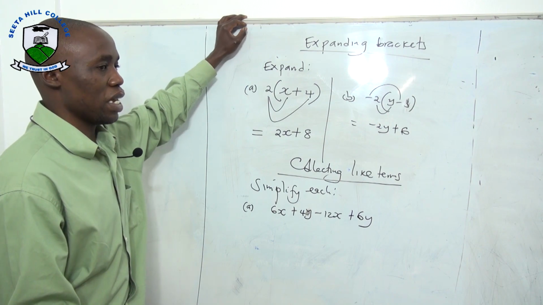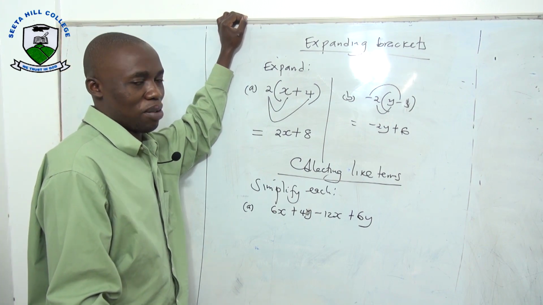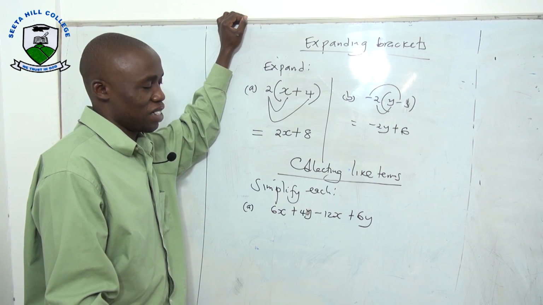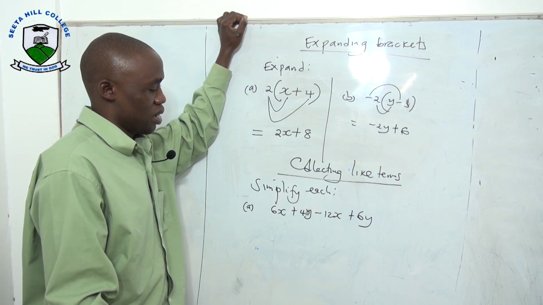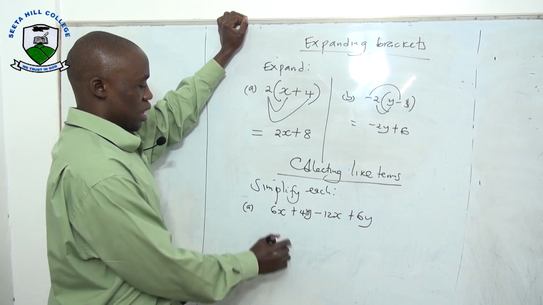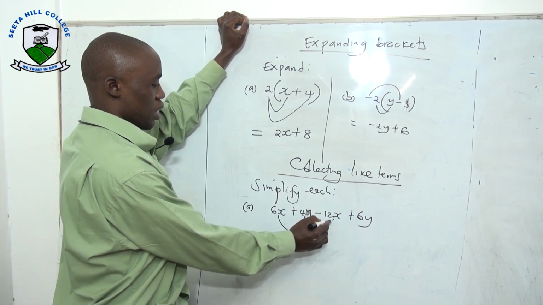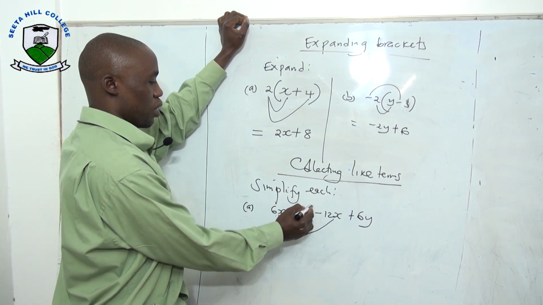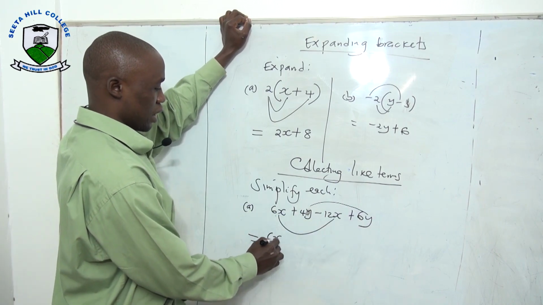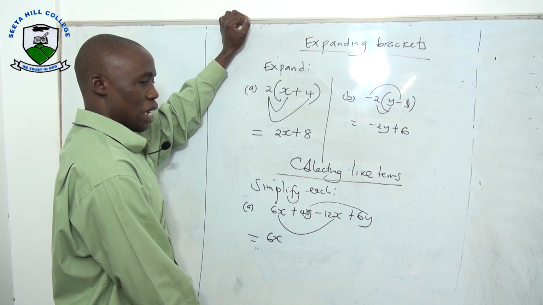Now we are on like terms, not so? We are on like terms. To be like is to have the similar type of letter, not so? Yes. Like x with x, then y with y. That means we collect 6x. Why not plus?